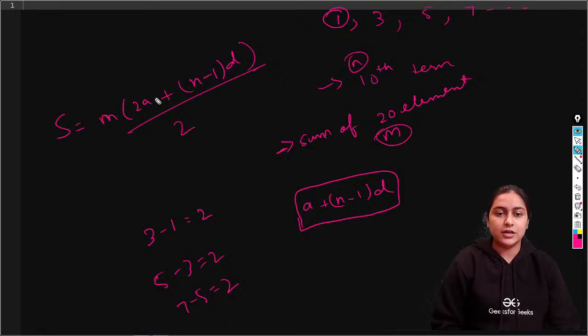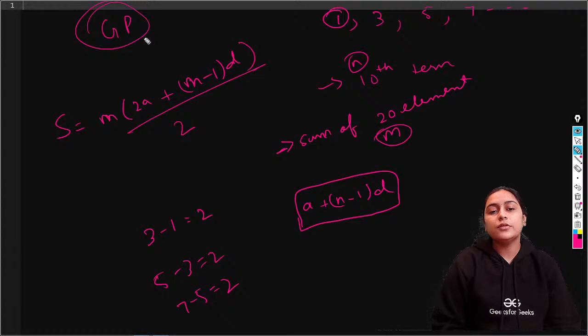Yes, n की जगह हम m कर दे रहे हैं यहाँ पे because we have taken m. Okay, so basically this is the formula to find the sum of AP. Okay, इसी तरीके से क्वेश्चन आपका जीपी के लिए भी आ सकता है.